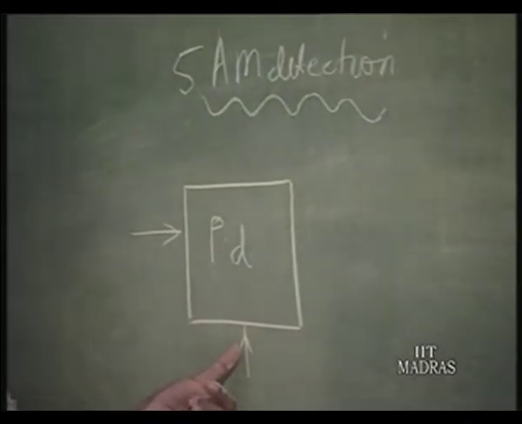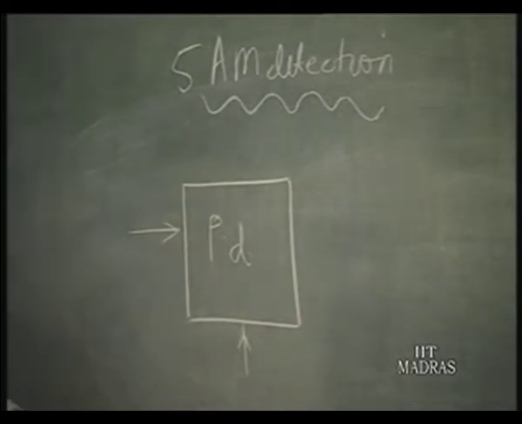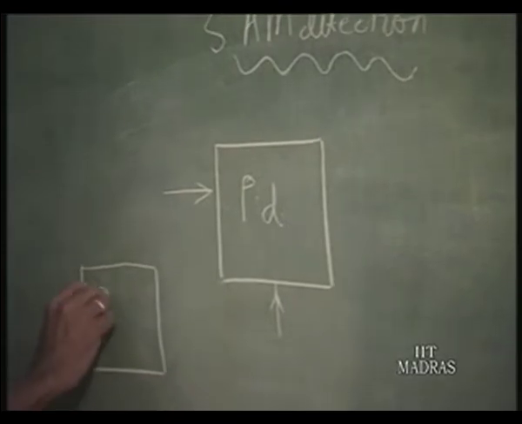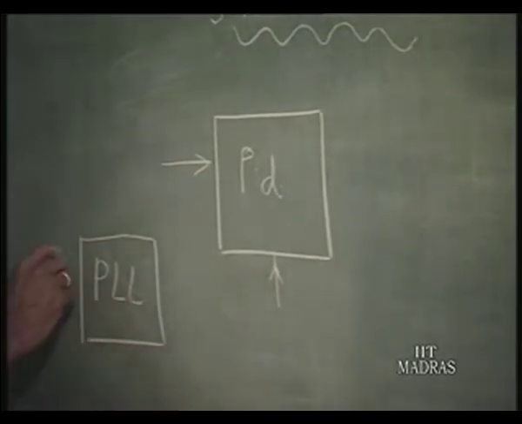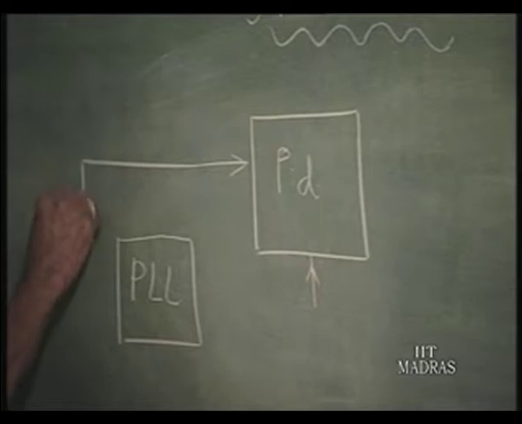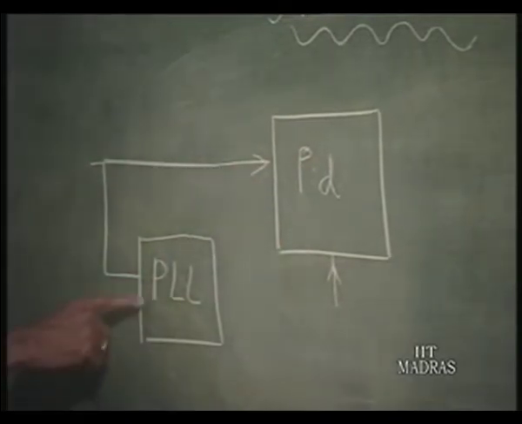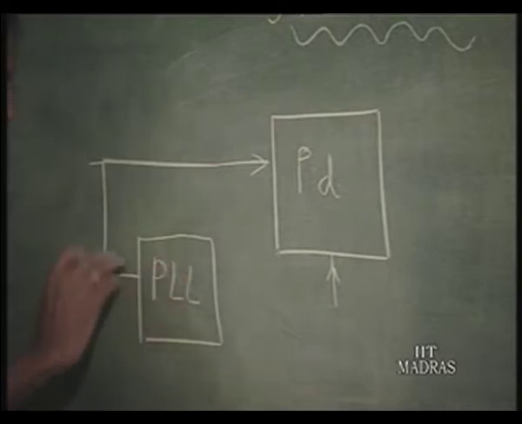Now, this generation of the carrier is easily carried out by using the phase lock loop, okay, and giving the input that is given to the phase detector to the PLL also, after limiting, of course.